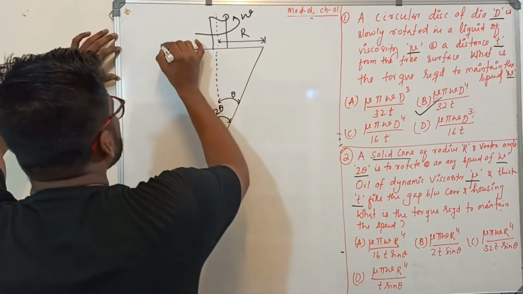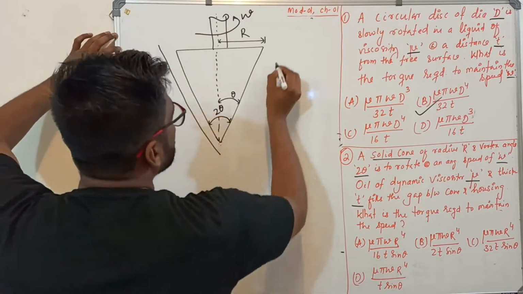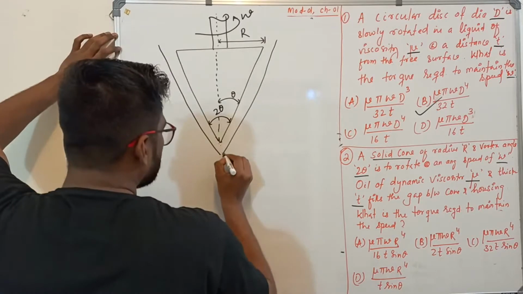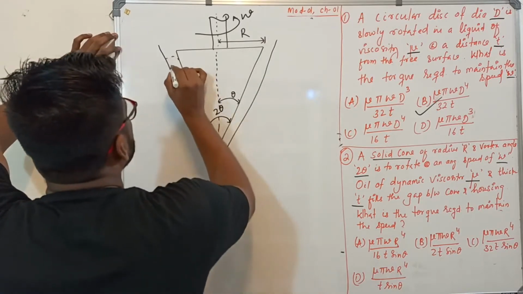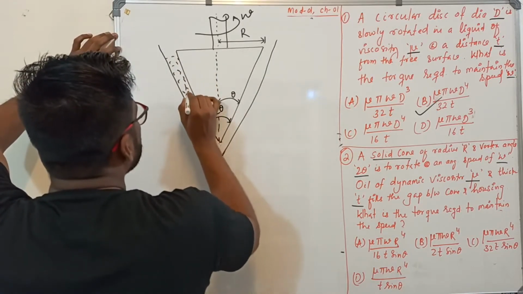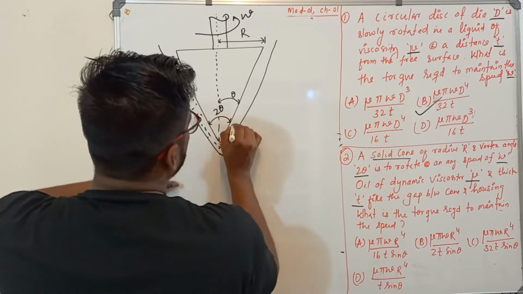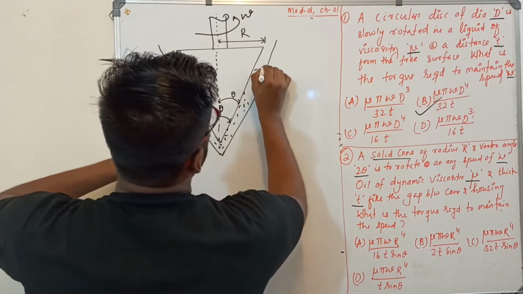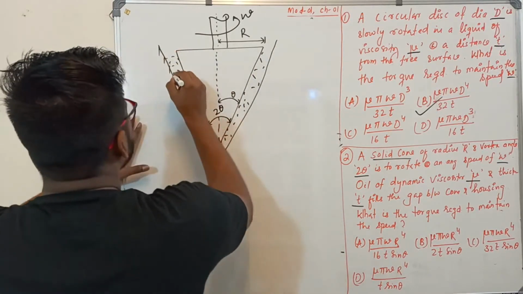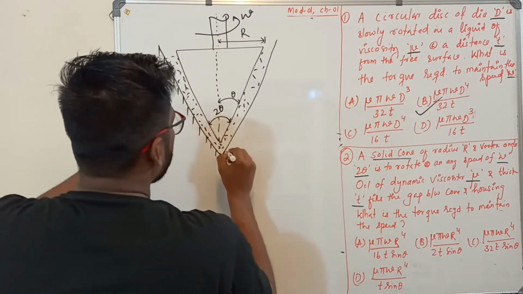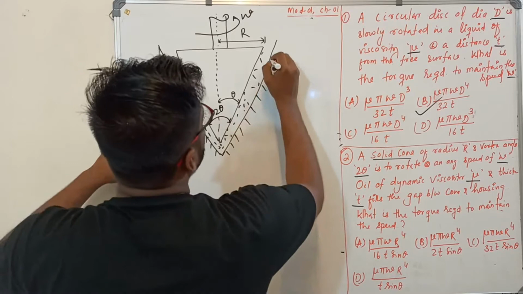That means this cone is rotating inside a housing. In order to avoid friction, you have used some lubricating oil. So this is the housing, and inside the housing you have a solid cone.